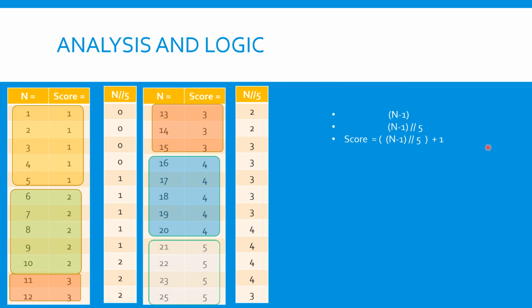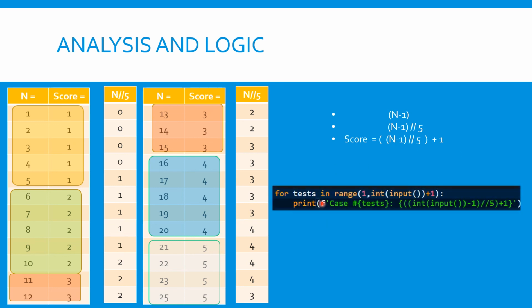To put this in simple Python code, we have a range for all the test cases, and this is your output. This is just a one-line output, and you'll get all the three test cases successful. The time complexity is just O(1), since it's direct calculation.